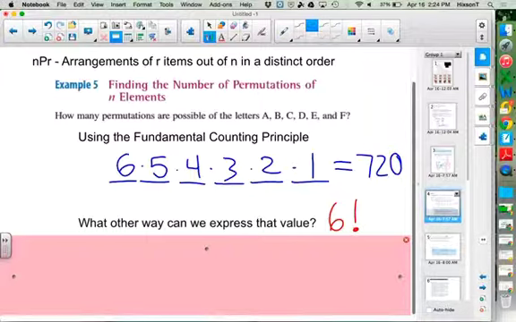So that's another way we could express it, and this is actually a rule for permutations. When we're finding the number of permutations for all the elements that are available, we have 6 factorial.